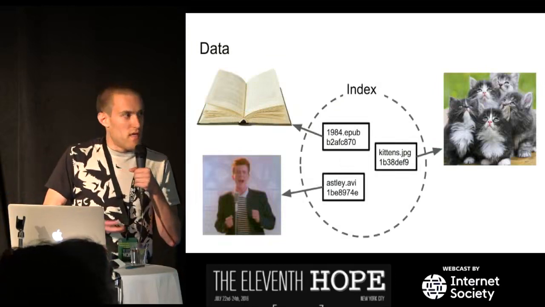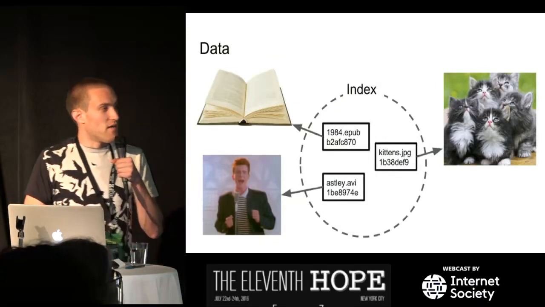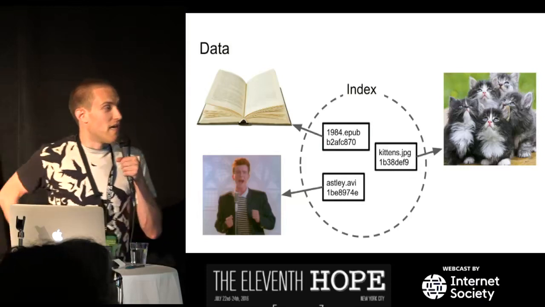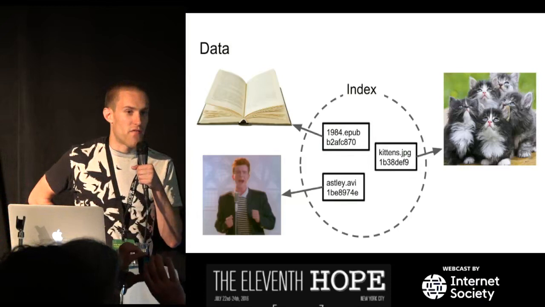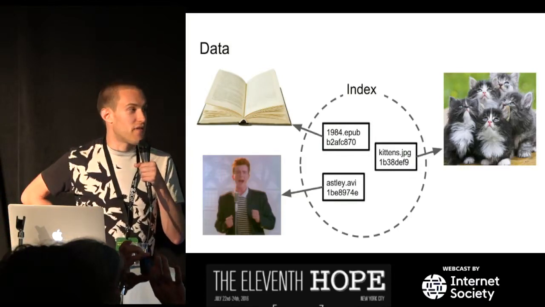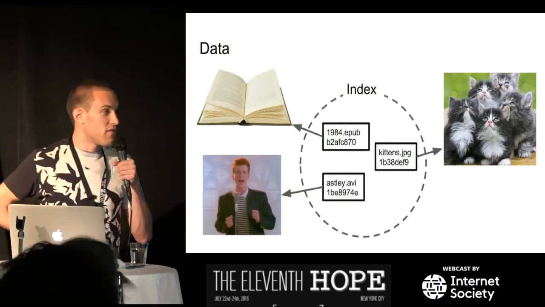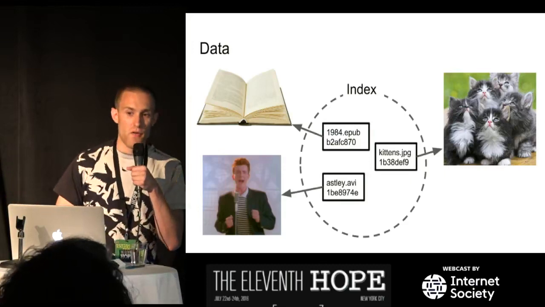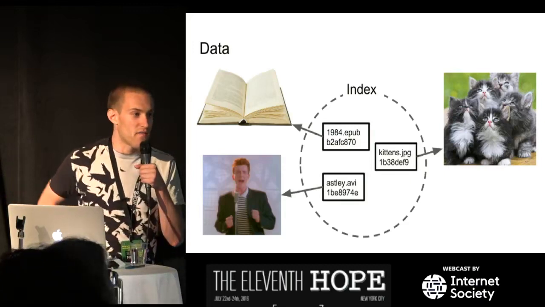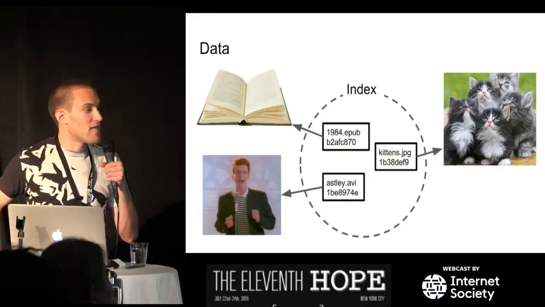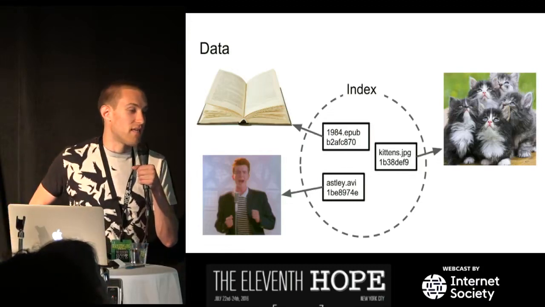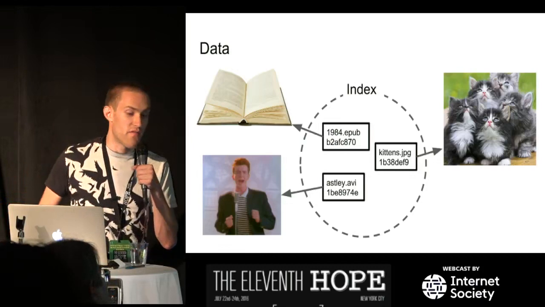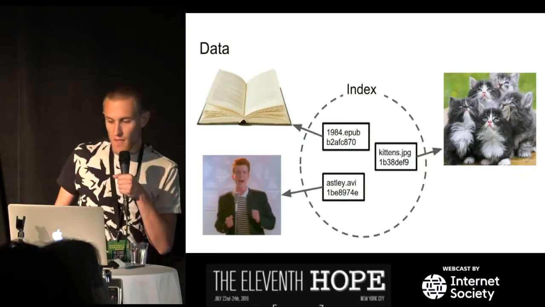So the general structure that I've got here is there's a central index for the library. Inside the index, each entry in the index is a pair of two things. So one is a human readable name for the file, and the other thing is a content hash of the file, and that is basically a link that you can use to retrieve the full file.